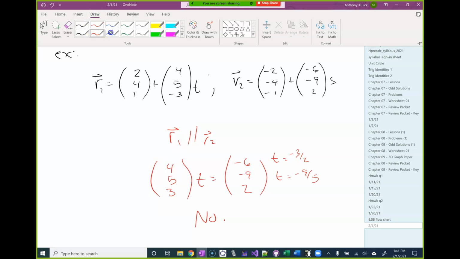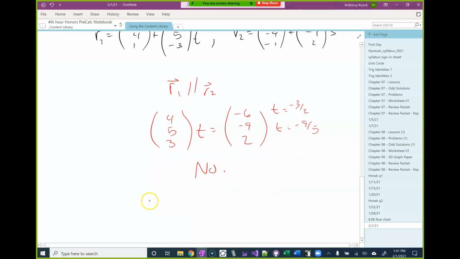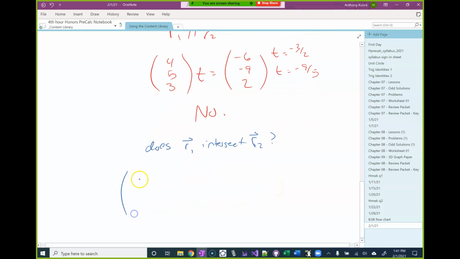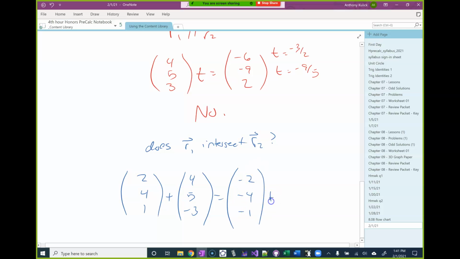Okay. So now we ask, does R1 intersect R2? So to do that, I'm going to take R1 and set it equal to R2.